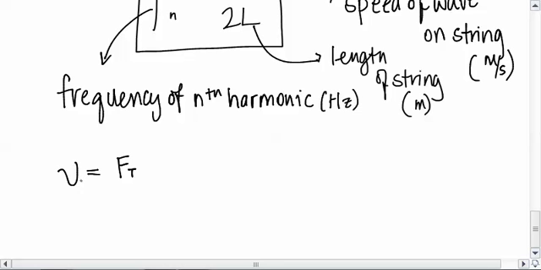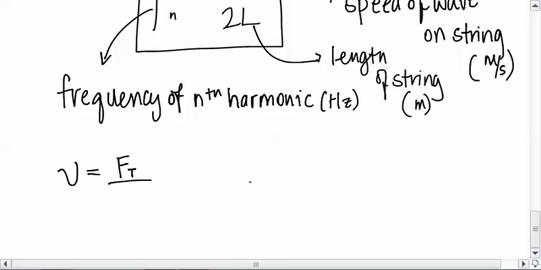Tell me about the strings. Some are fat, some are skinny. How do the fat ones sound? Low. And how do the skinny ones sound? High. So what's the relationship between the mass of our string and the frequency? It's indirect. So it's actually an indirect relationship with our speed.